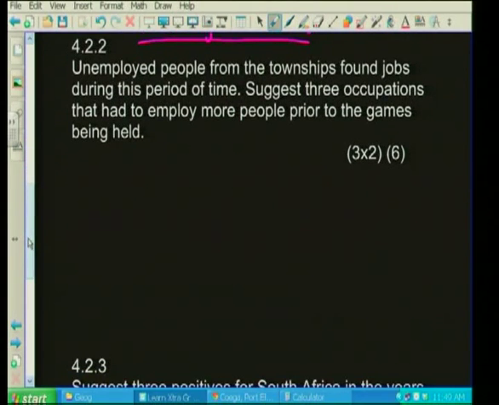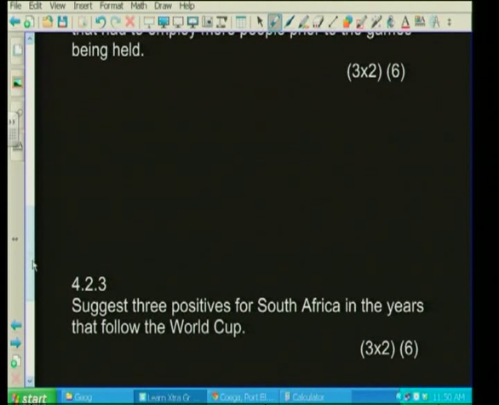4.2.2, unemployed people from the townships found jobs during this period of time. June, July 2010, lots of people found work. Suggest 3 occupations, right? Say which 3 types of jobs had to employ more people prior to the games being held here, and that is for 6 marks.